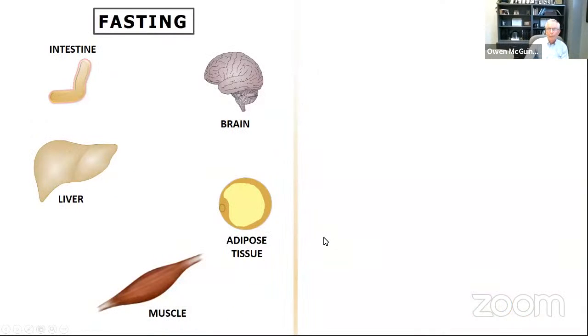So let's start off with a really simplistic approach that we think about. We have these organs in our body. In the fasting state, the liver is the major source of glucose. The majority of the glucose released by the liver in the adult human is taken up by the brain, about 60% of it. In the mouse, it's a little bit less, 15 to 20%. The remaining glucose is then taken up by peripheral tissues, primarily muscle and others.